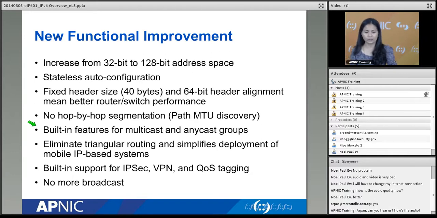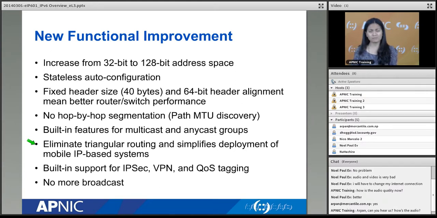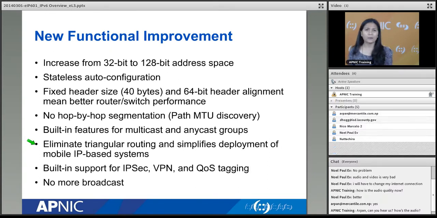It eliminates triangular routing and simplifies deployment of mobile IP-based systems. Basically, for this one, I think this is an ongoing feature. There have been changes every now and then about it, but basically in mobile devices you have what you call triangular routing.